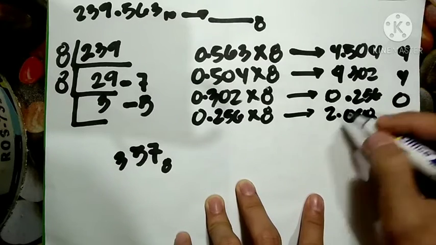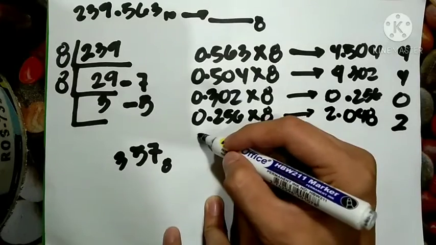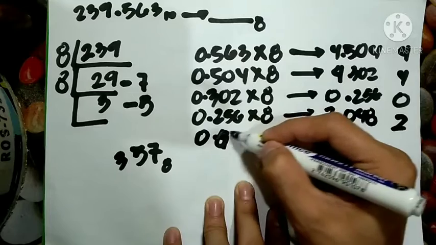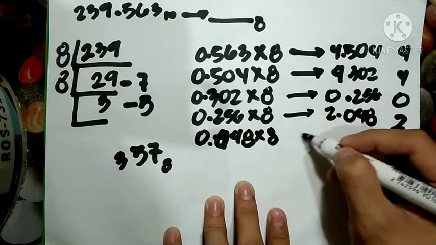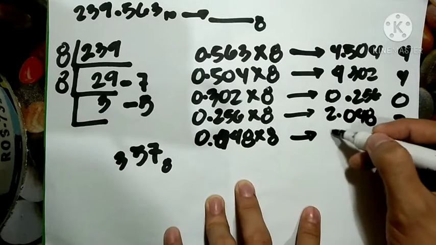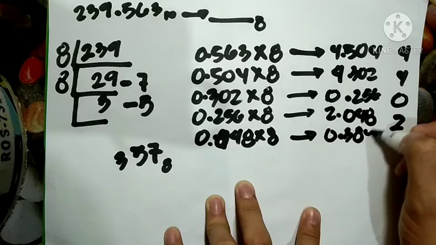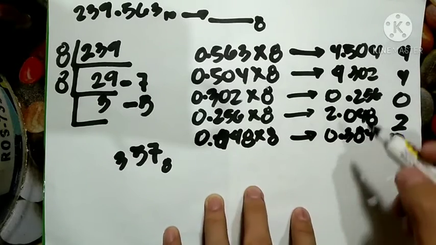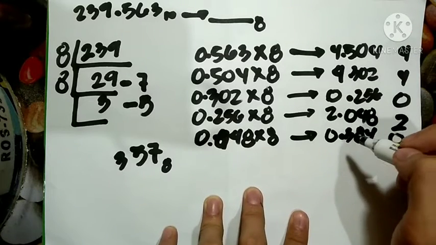The answer is 2.048. Let's consider these two. Then let's multiply again 0.048 times 8, which is equal to 0.384. Then let's consider this 0. We stop right here because we have the first 5 digits of the fraction number.